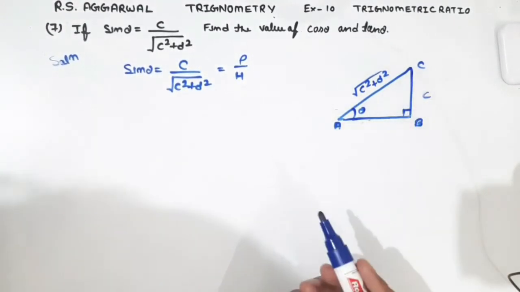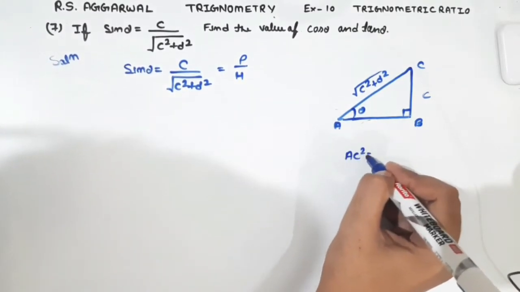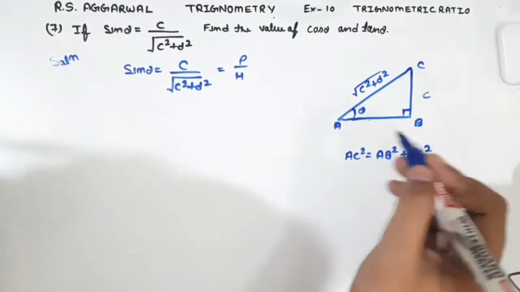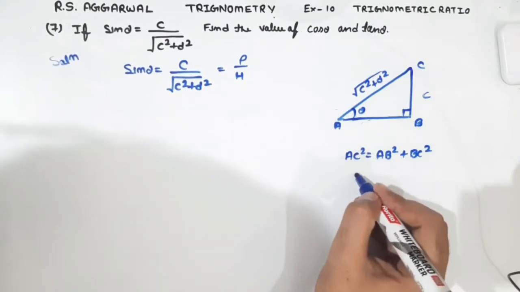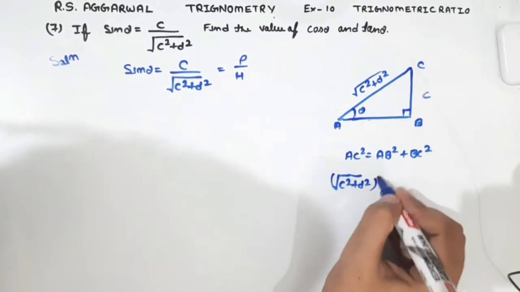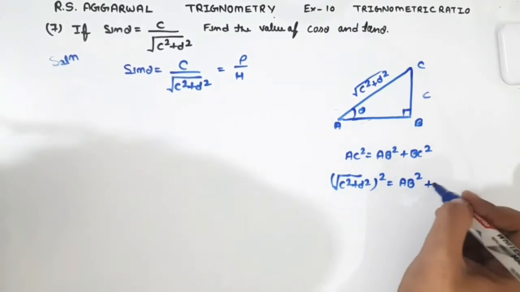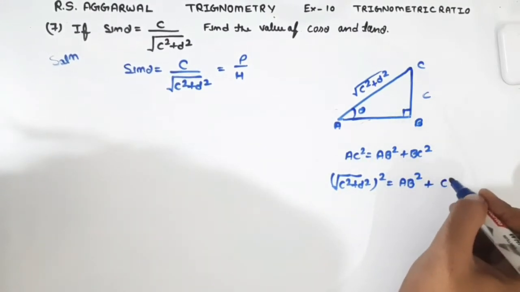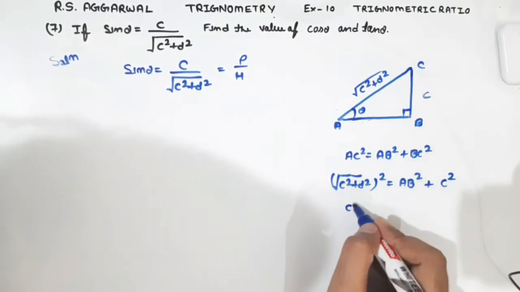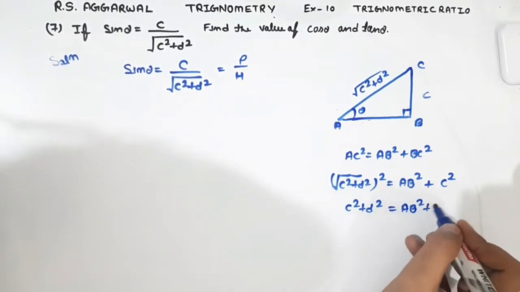So in this right triangle we know that AC square will be equal to AB square plus BC square. So here AC is under root C square plus D square whole square equals AB, we have to find AB, plus BC square, BC is C, so C square.